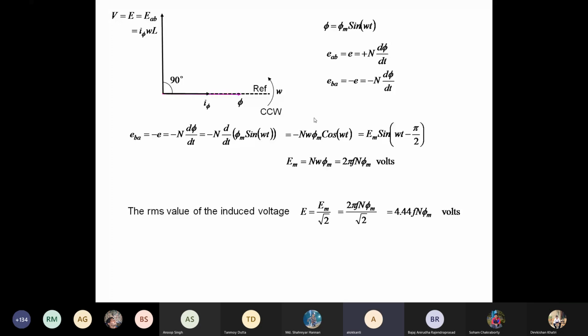So this formula, we'll see, will be coming again and again now. What we have just seen is that if there is an electromagnetically coupled circuit and there is a sinusoidally varying flux, it basically induces an EMF.